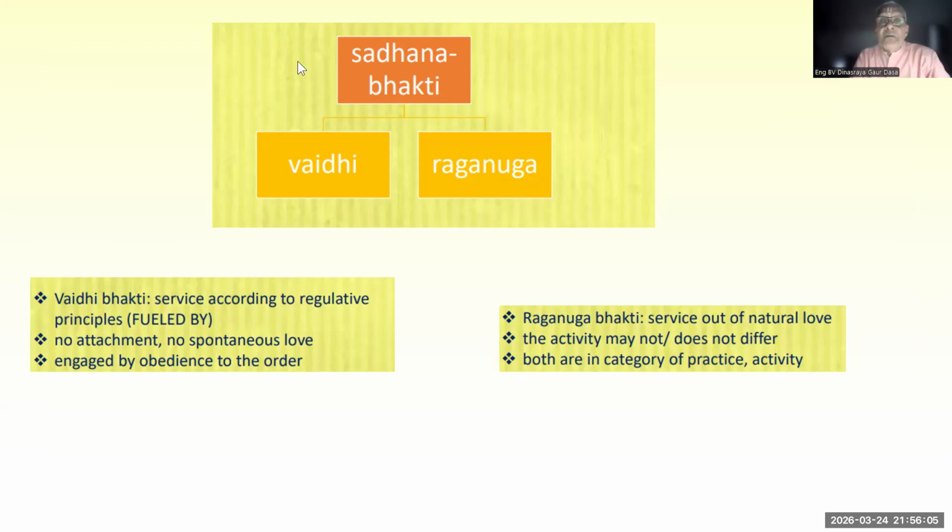So we will stop here. Today we talked about chapter 1, the different characteristics of pure devotional service: Kleshaghni, Shubhada, Moksha-laghutakrit, Sudurlabha, and Krishna-akarshini.